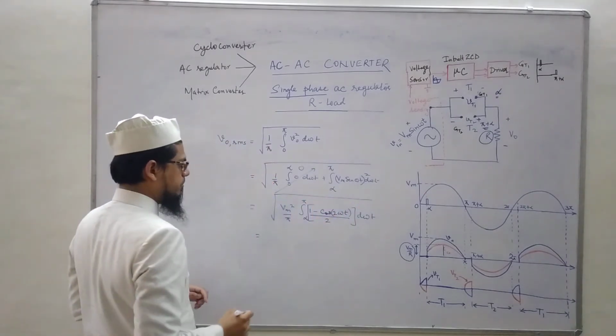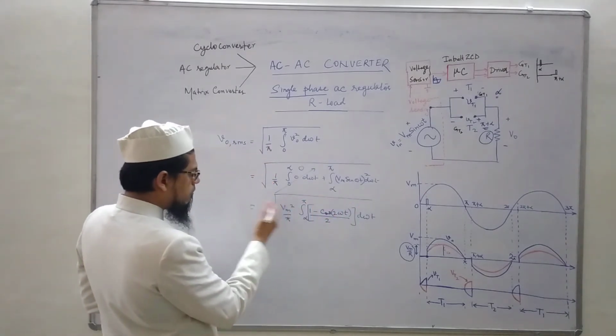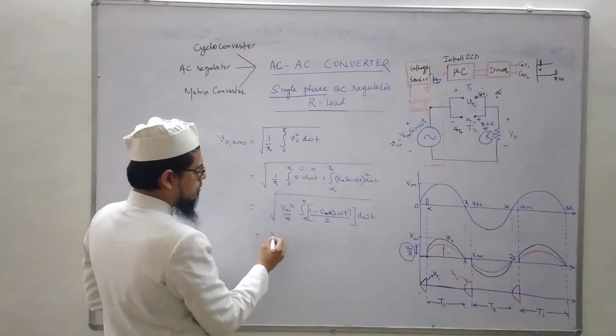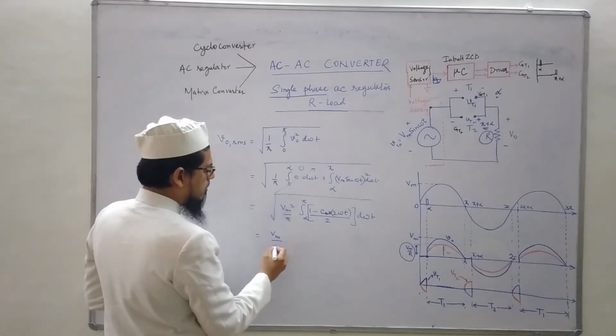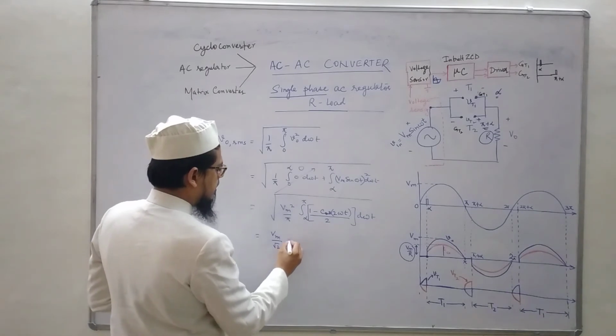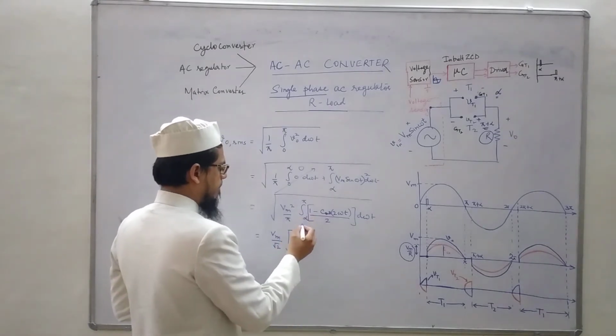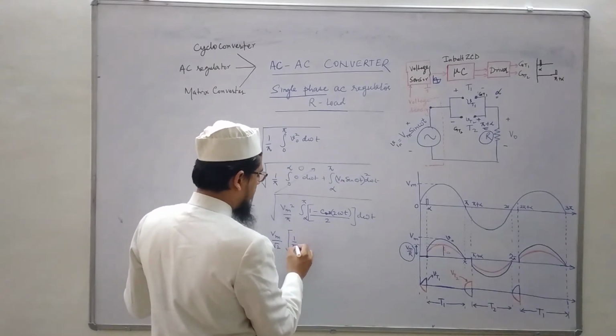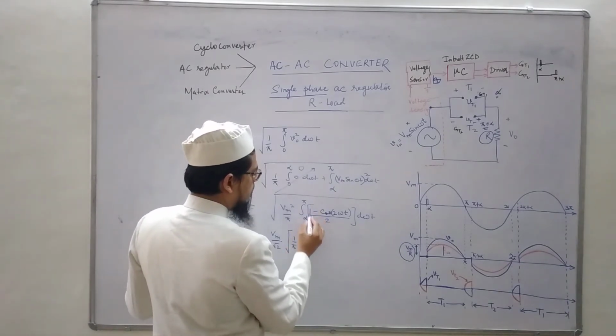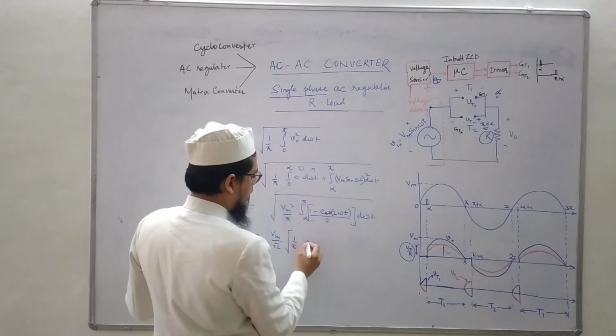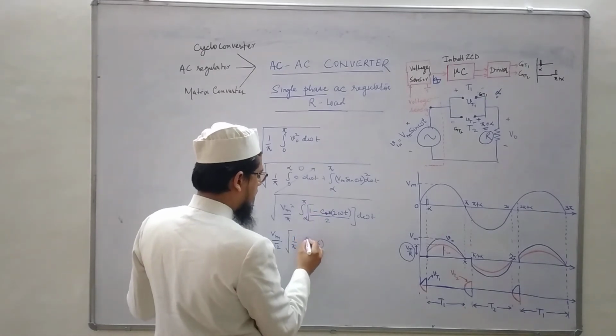If I take Vm and the root 2 outside the root, I get Vm upon root 2 outside, and the rest of the things are within the root. So 1 upon pi. Now if I integrate 1, I get pi minus alpha.